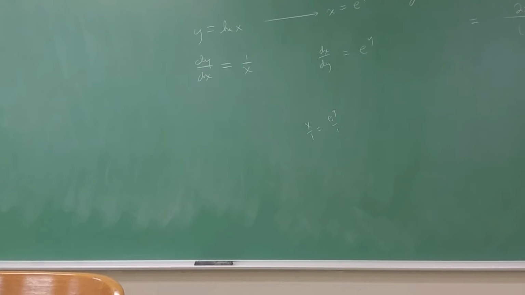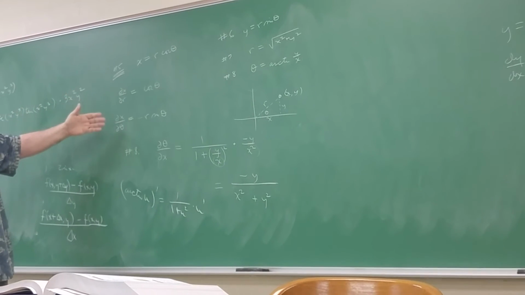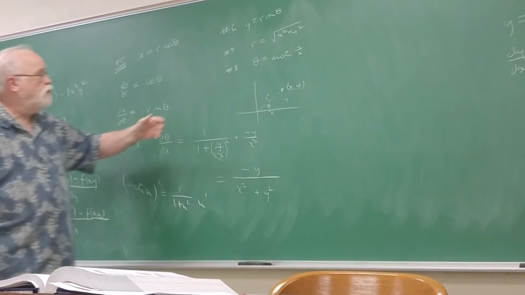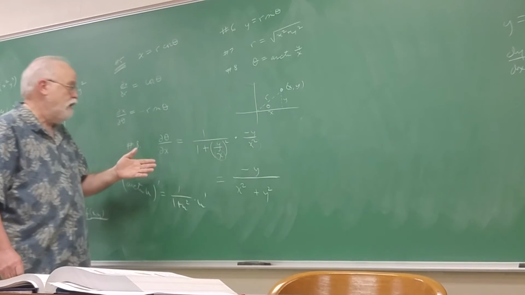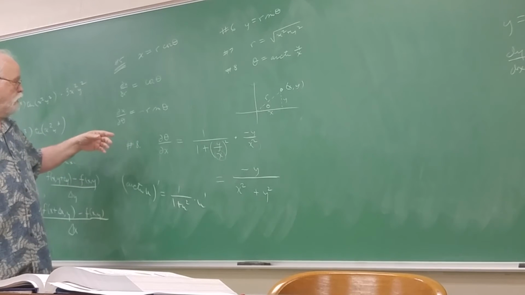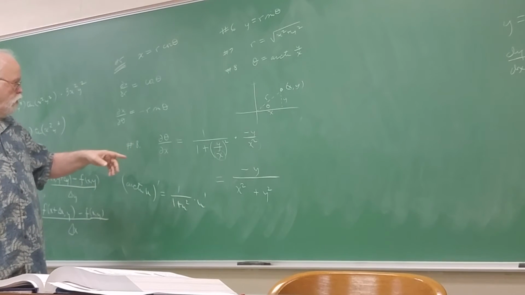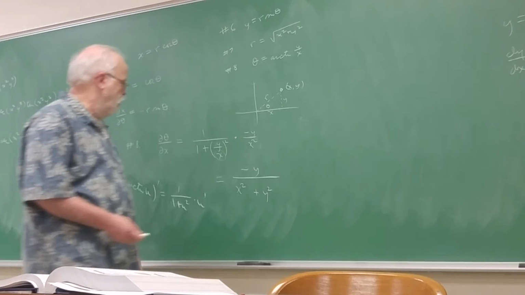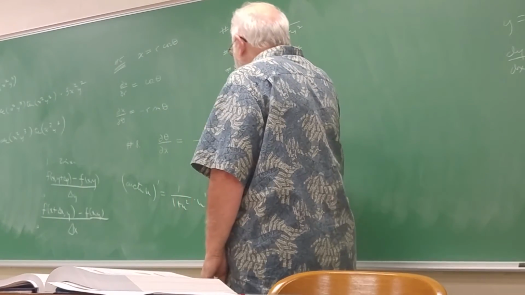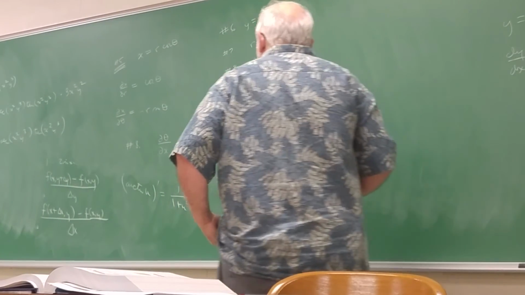So let's try it here. Problem 5, we had an x theta combination. In problem 8, we had a theta x. In fact, I didn't even do the one with y. But anyway, so let's see. They're both negative. That's a good thing.